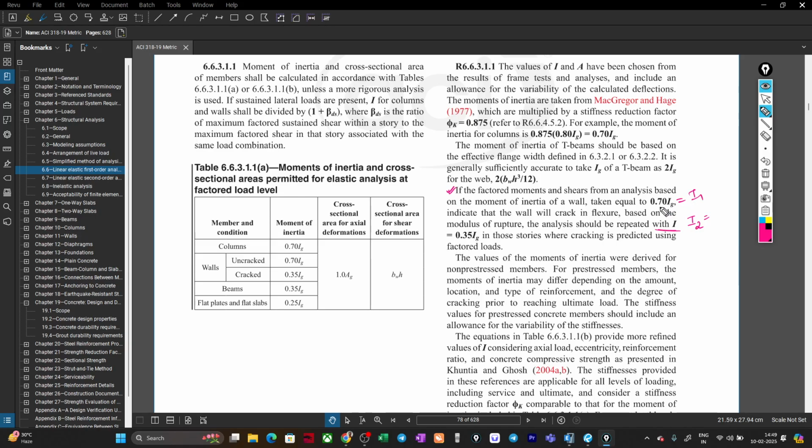So first we will try with 0.7 times Ig. If it cracks with respect to the modulus of rupture, then we need to analyze with 0.35 times Ig.